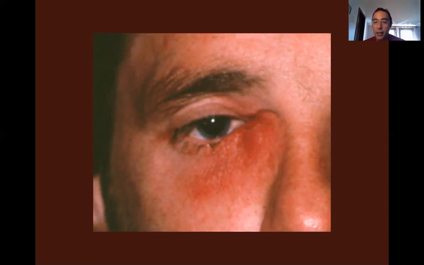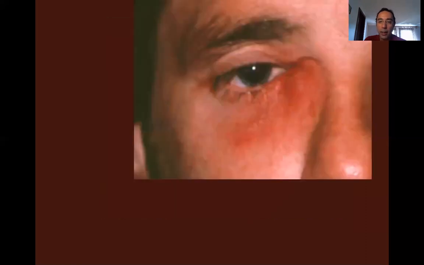In this case, it's acute dacryocystitis, but it may be myositis or orbital inflammation or dacryoadenitis. Any inflammation in the ocular adnexa may cause red eye.